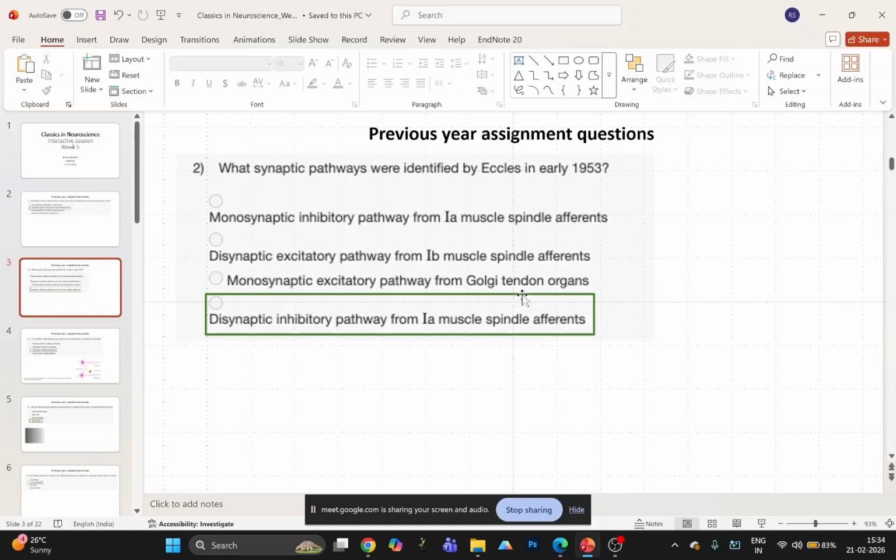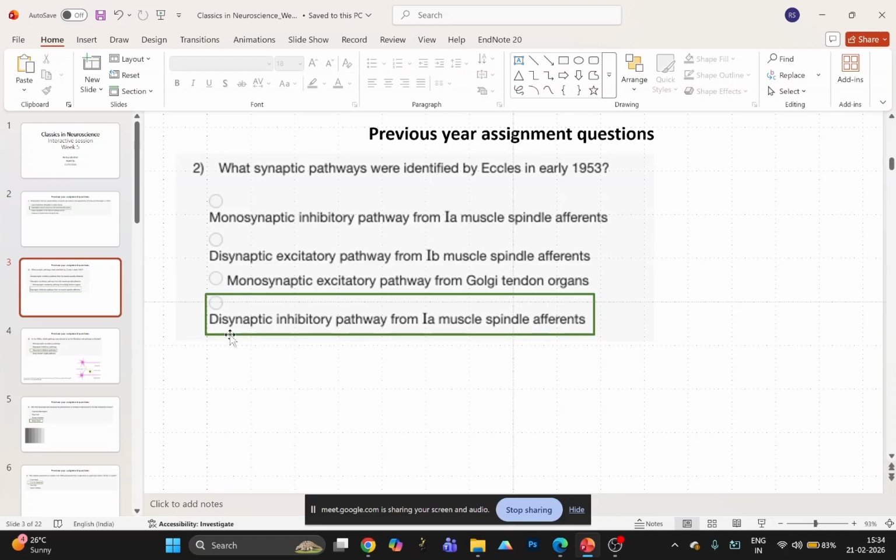No, the pathway from the Golgi tendon organs is, first of all, disynaptic, like we just discussed, and second, it is supposed to be inhibitory. It is supposed to give a feedback for the muscle contraction to stop. So it is a disynaptic inhibitory pathway. That is why the third option is also not correct.